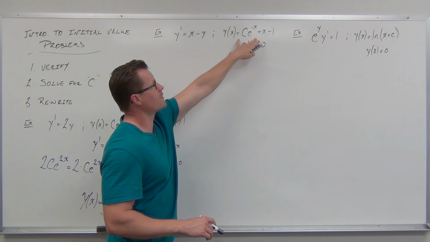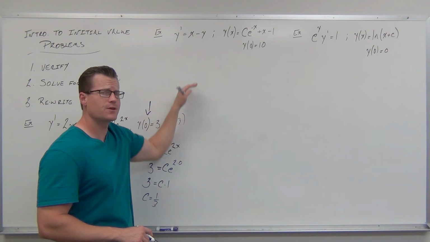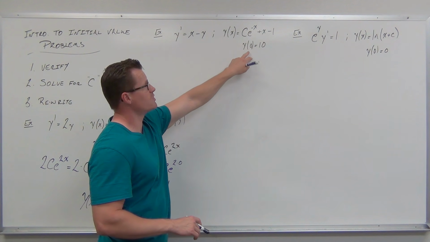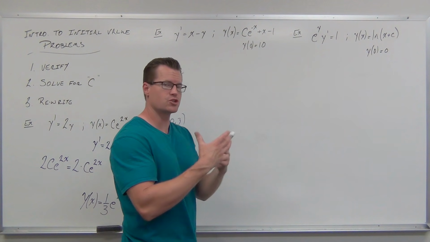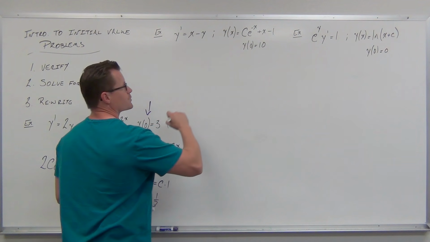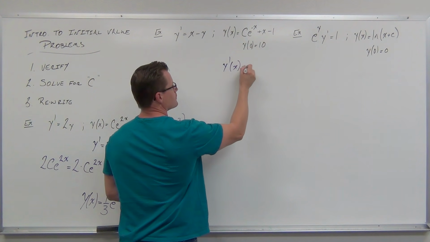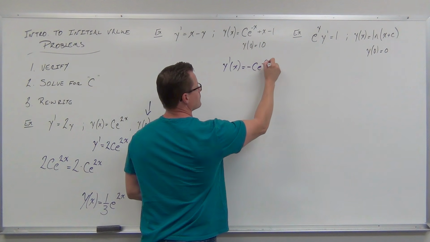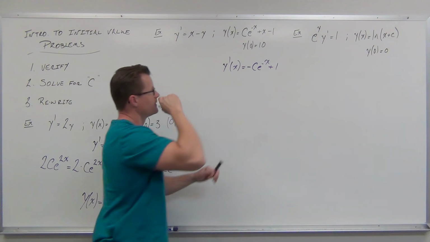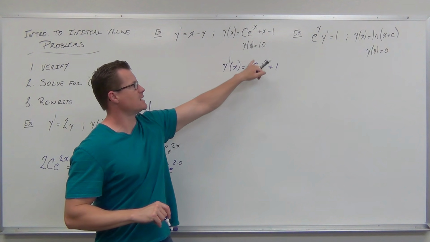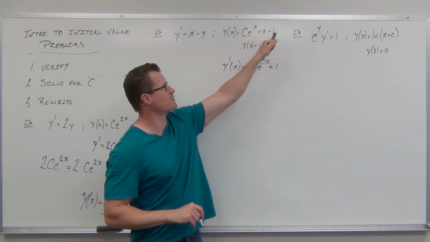So we're finding the first derivative just to verify it. This is going to be reused in the equation that we're checking right now. So the first derivative, chain rule gives us negative c e to the negative x plus 1. This goes to 0.